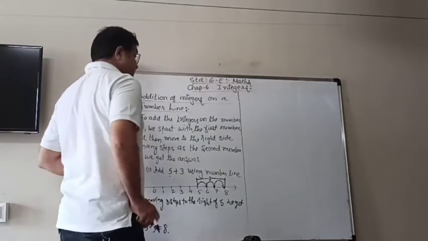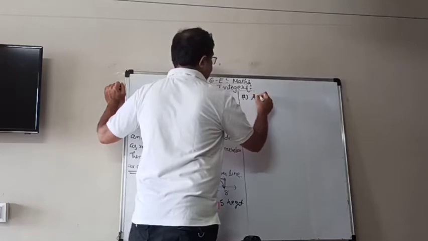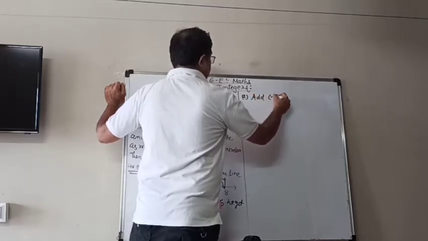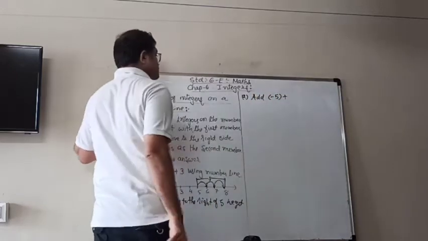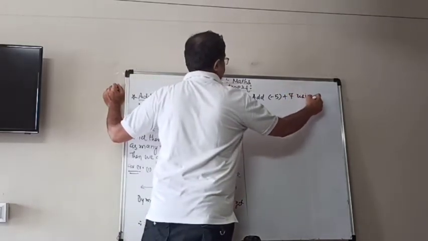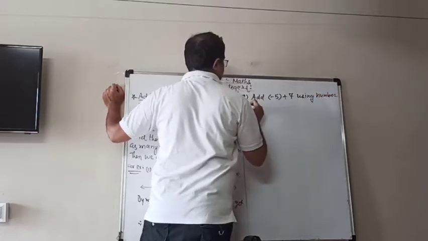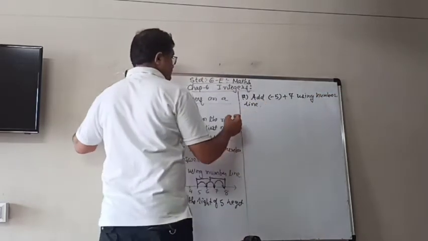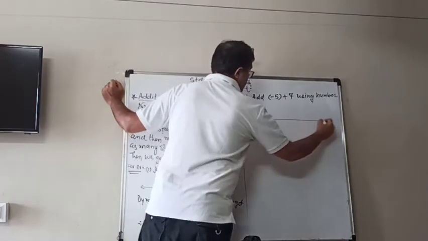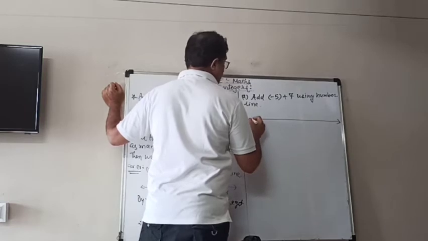Let's take another example. Add minus 5 plus 7 using number line. So now we will have to start from minus 5.